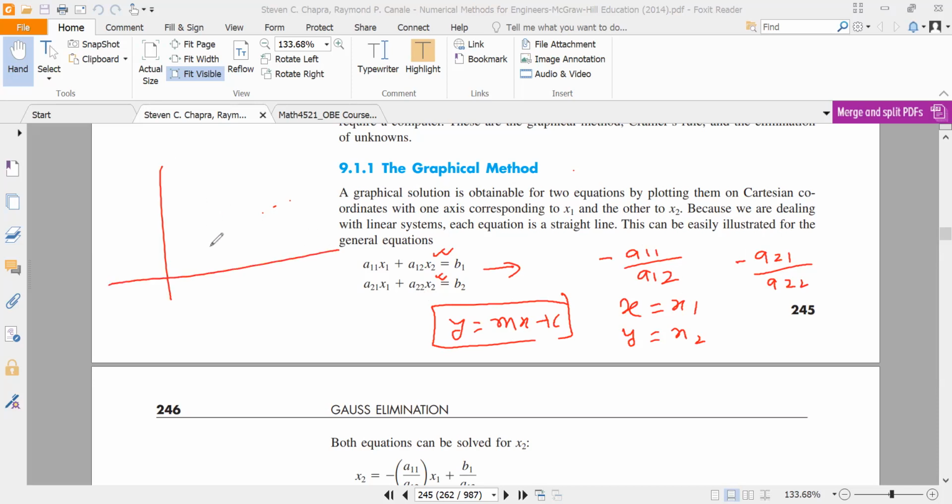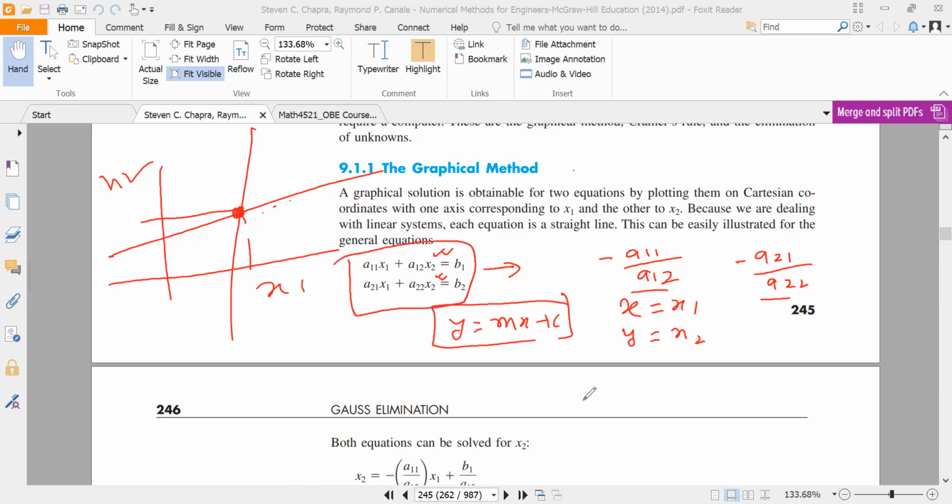Then if these two equations, this is your x1, this is your x2, intersect at this point, then this is the solution for your x1 and x2. But that can sometimes create some problem. If you want to solve this using Cramer's rule, then your x1 is equal to what?